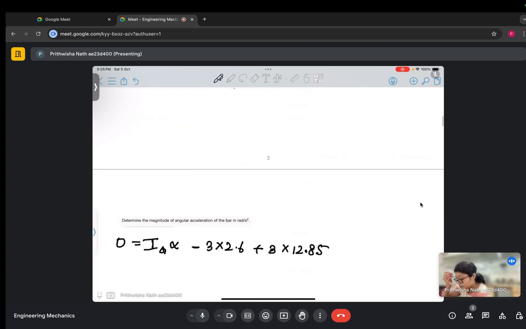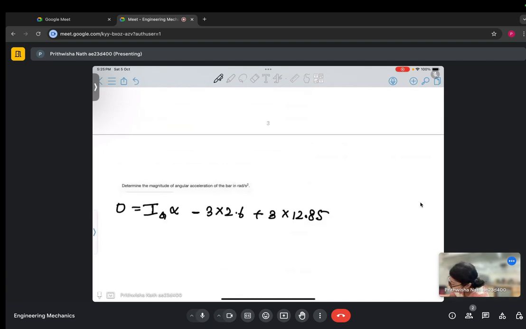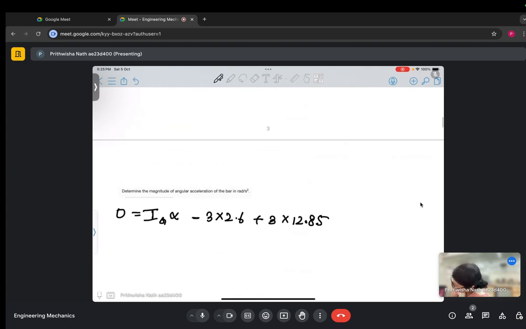So I'll rearrange this. Ig alpha equal to minus 3 into 12.85 plus 3 into 2.6.